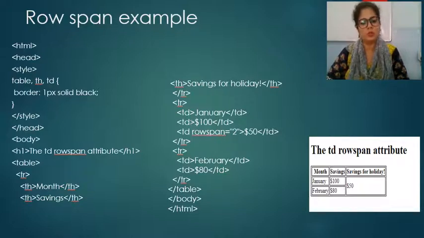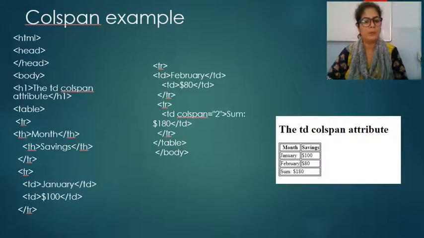So you must know both ways. I hope it is clear to everyone, because it is very simple to understand and learn. You can practice it at your home. I have taken one more example of colspan, how we have to combine columns, and after that I will show you the code by running it in a notepad file.